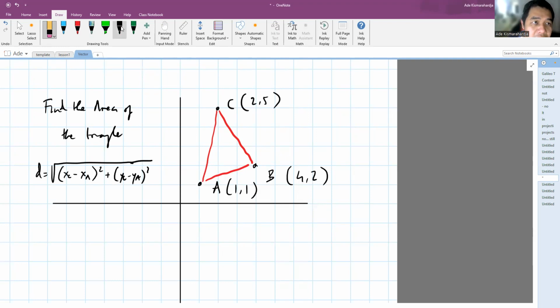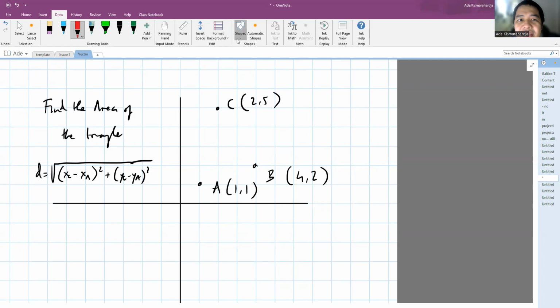Normally, if you know some of the geometry formulas, they will be great. But probably these processes will be quite lengthy. Now, what I want to show you is how we can use the knowledge of vectors to get the area of the triangle.